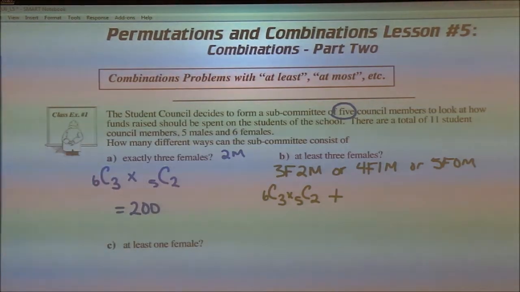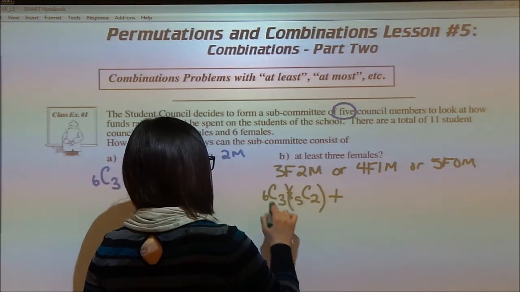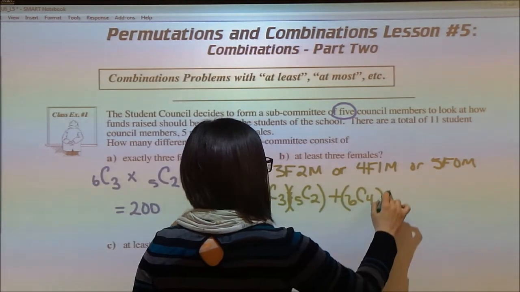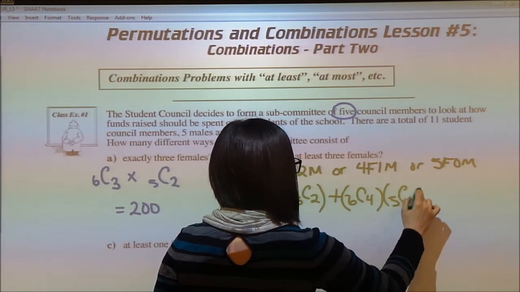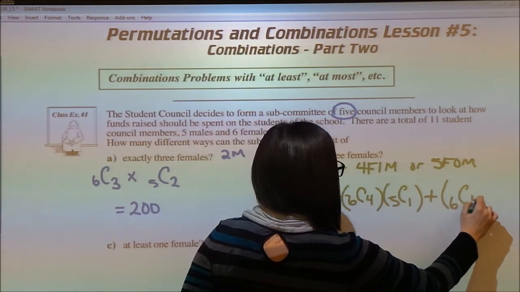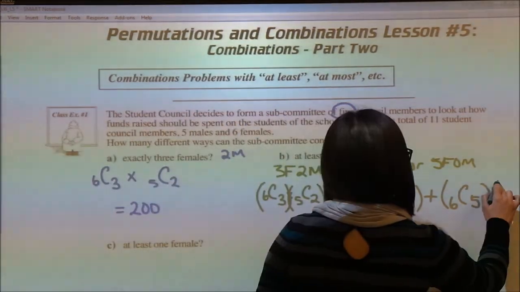Ors become plus signs. And then choosing 4 females and 1 male, or choosing 5 females and then no males.